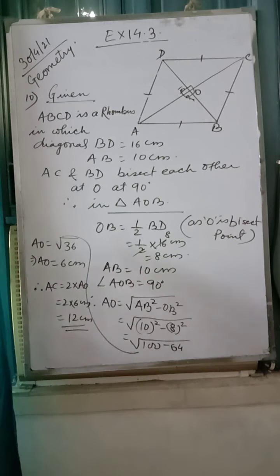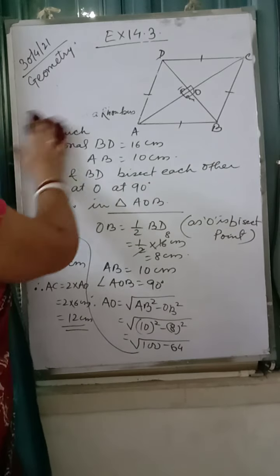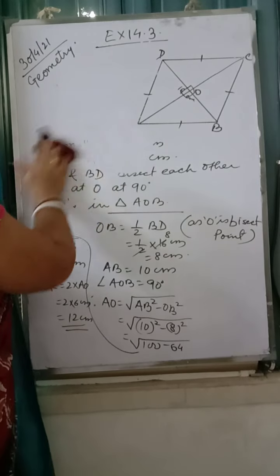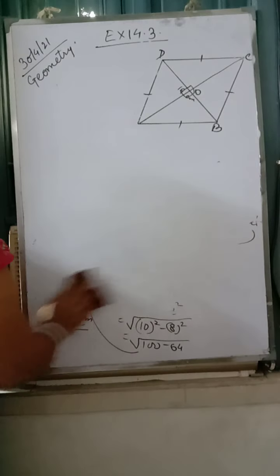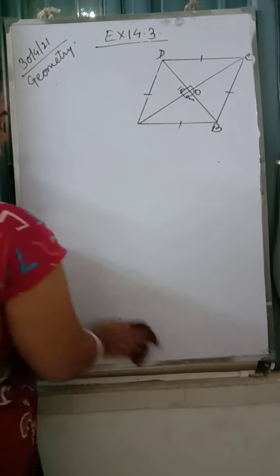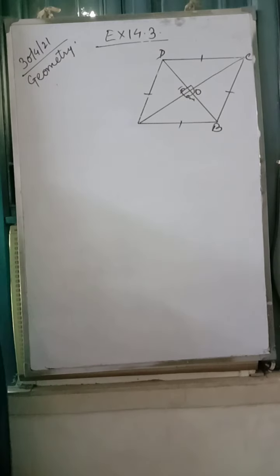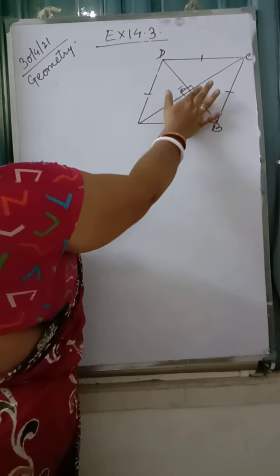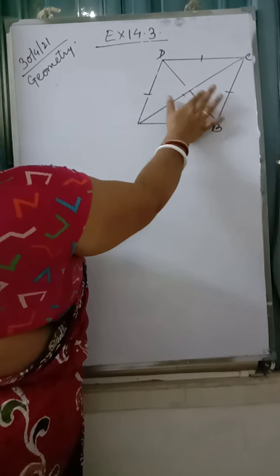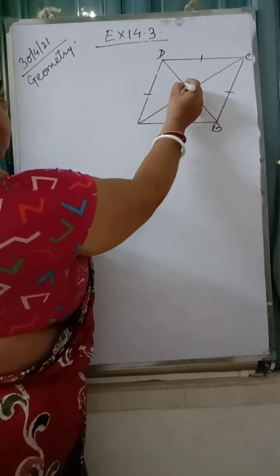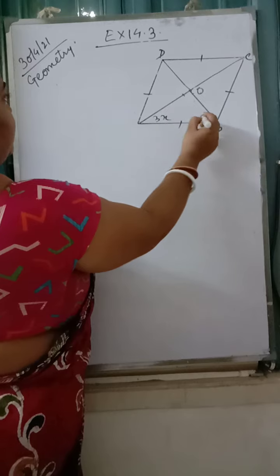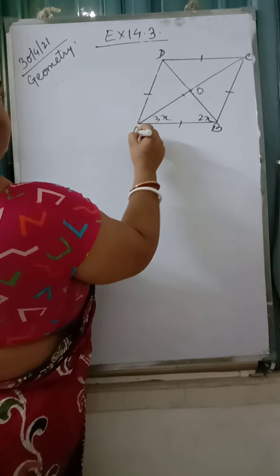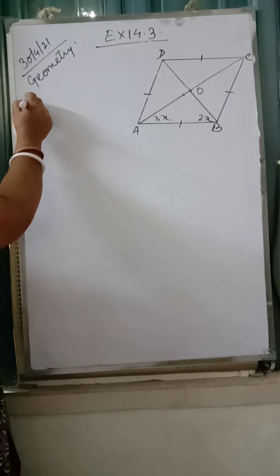The figure is almost the same, so I am not going to draw a rough figure. This is given 3x and this is given 2x.